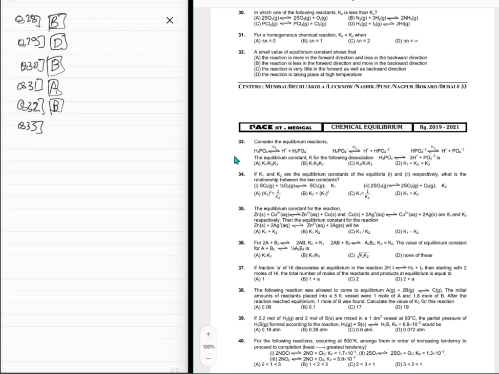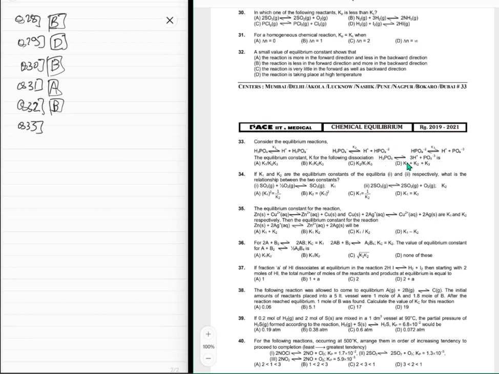Okay, question number 33. Consider the equilibrium reaction. The equilibrium constant K for the following dissociation is... Oh, okay. So H3PO4 gives 3H plus and PO4 3 minus. So for the first dissociation you have K1, for the second you have K2, for the third you have K3, of course.